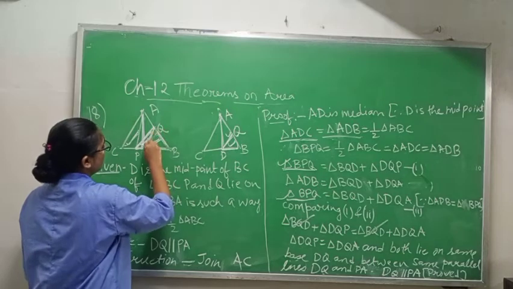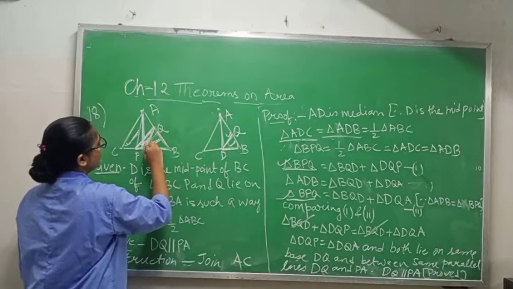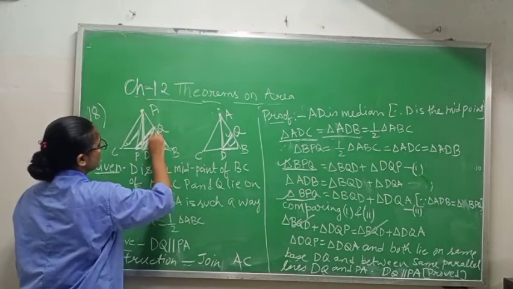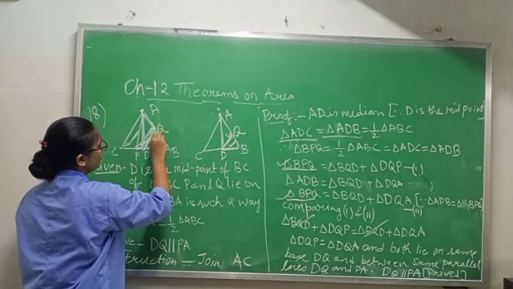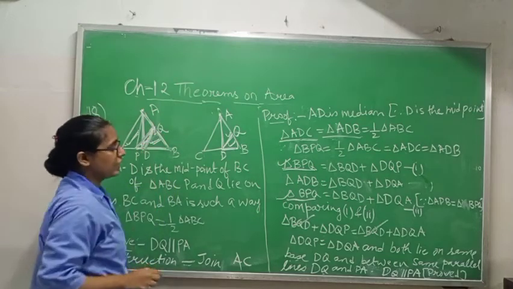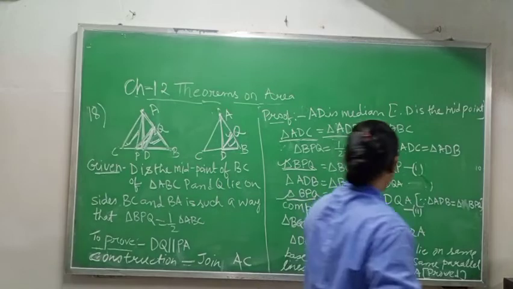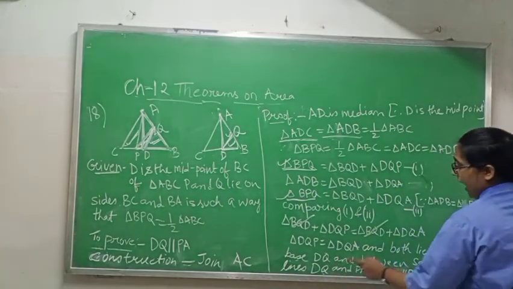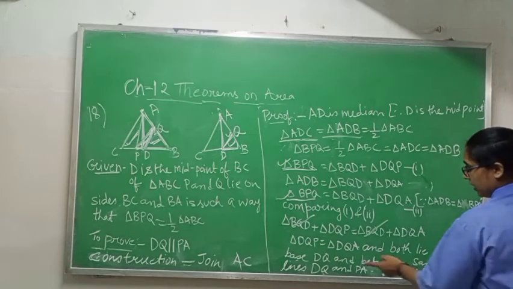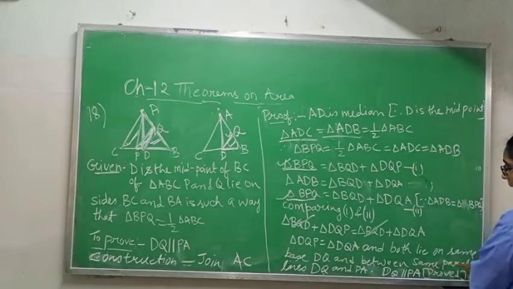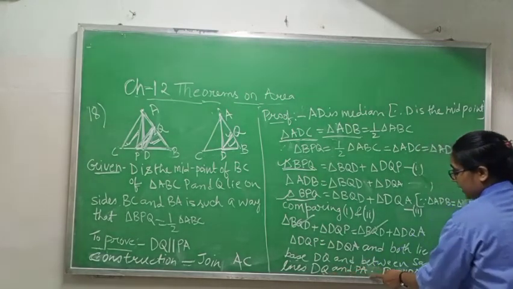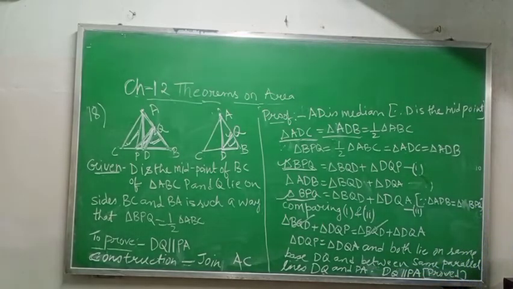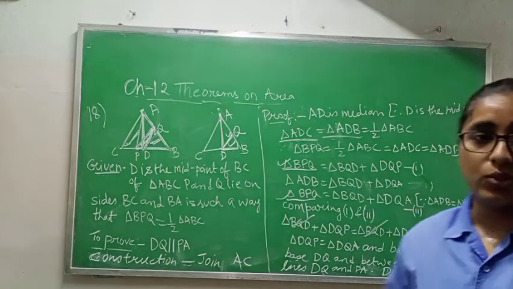If you see DQP and DQA, they both are lying on the same side DQ. That is why triangle DQP equals triangle DQA, and both lie on the same base DQ. And if both are lying on the same base, and between the same parallel lines, hence, therefore DQ is parallel to PA. Okay, so complete this one.